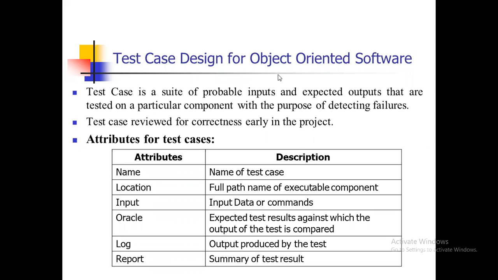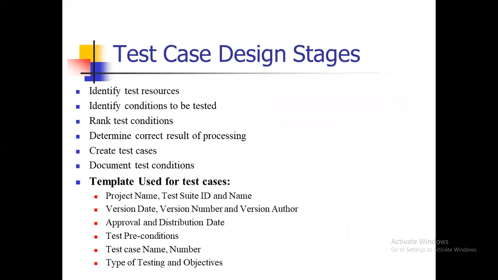The next part is test case design. There are several stages of test case design. First, identify the test resources, that is, the resources for the test environment. Then identify the conditions to be tested, like when we have completed our software and are ready for execution and testing.